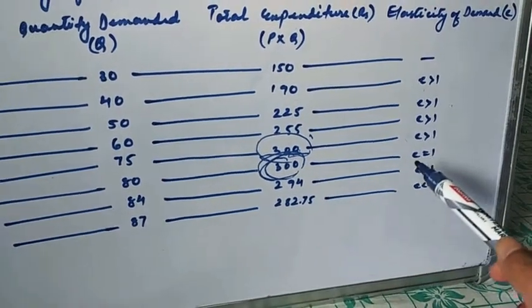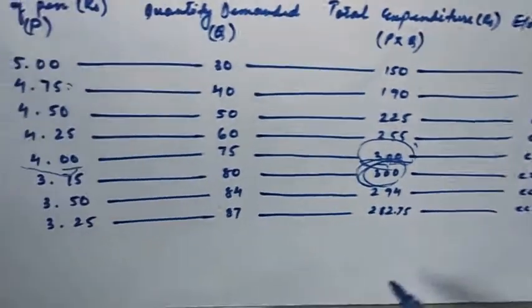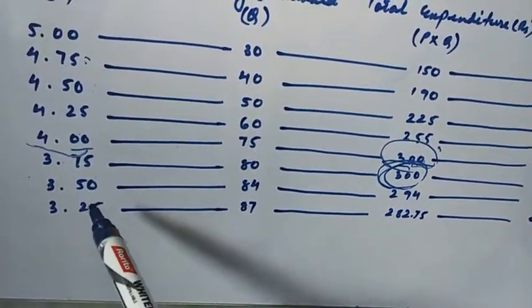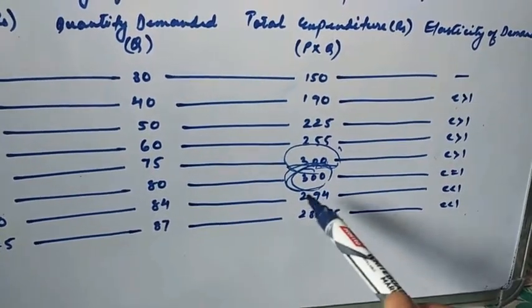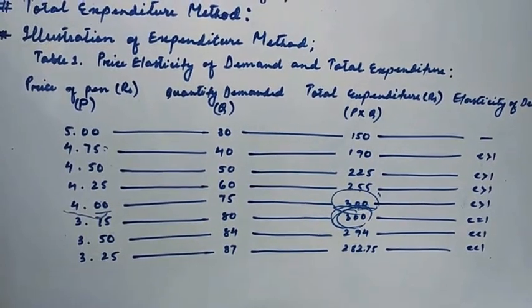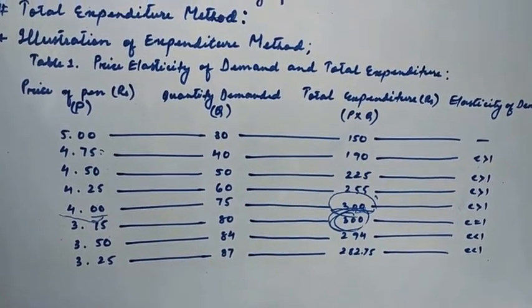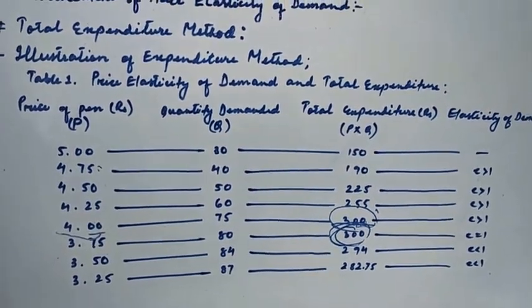In this condition we call it price elasticity less than 1. So even a further fall in the price leads to an increase in quantity demanded and a decrease in the total expenditure. These are the three conditions of price elasticity of demand that we see in the total expenditure method. Let us explain this in a diagrammatical form.